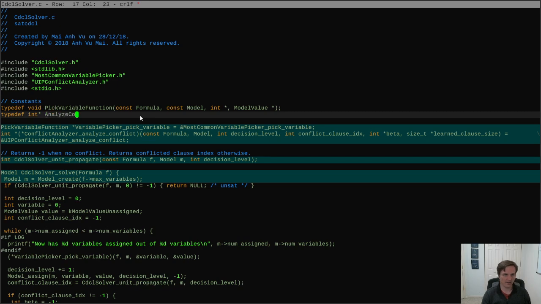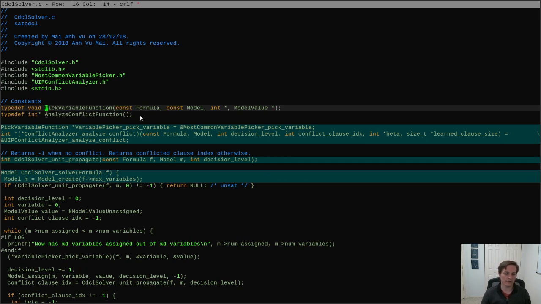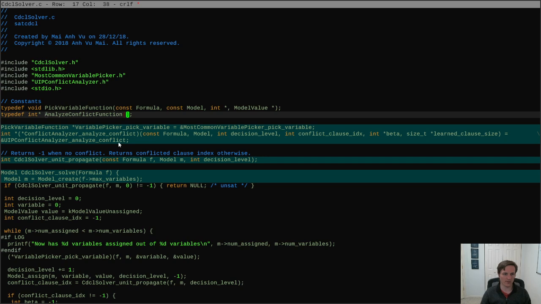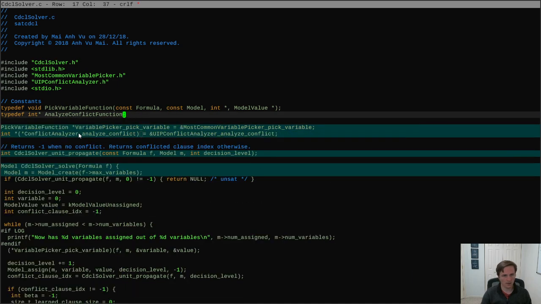Analyze conflict function, and of course you can then move these into headers along with everything else. You don't have to put them here like I'm doing here, and then you've got this reusable function signature pointer type ready to go. So we want this here, and we want to preserve that variable name, and we want the analyze conflict function pointer like that.